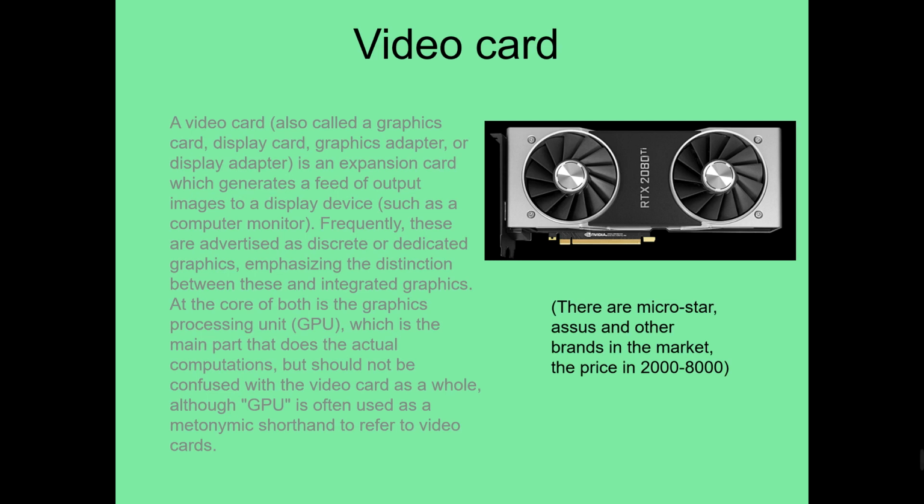Also, GPU is often used as shorthand to refer to video cards. There are brands such as ASUS and other brands in the market. The price is 2000 to 8000.